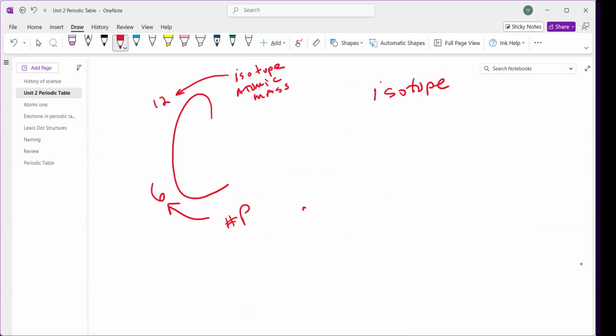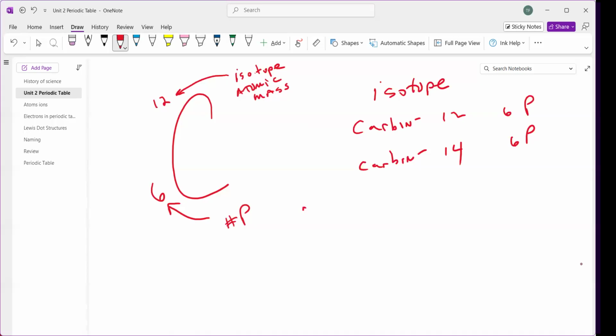Okay, for example, we have carbon-12, carbon-14. They're both carbon. That means they have the same number of protons. They have 6 protons. So what's different about them?